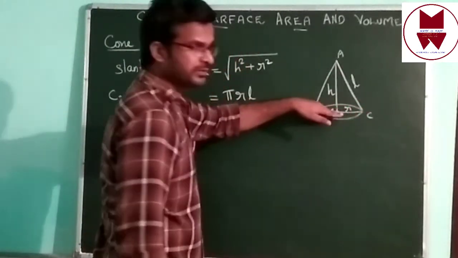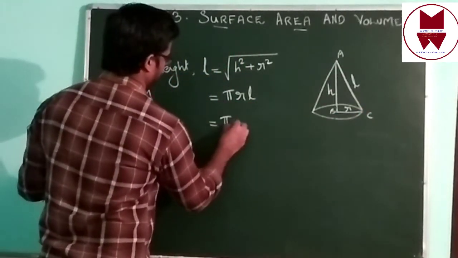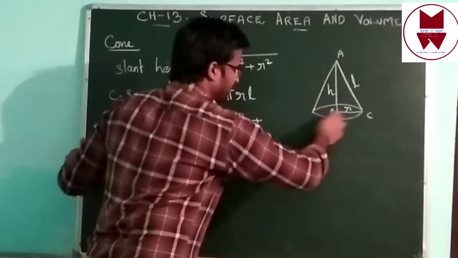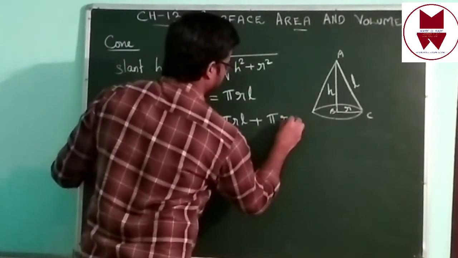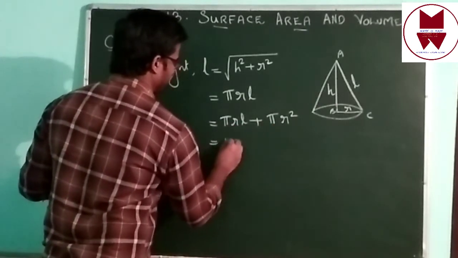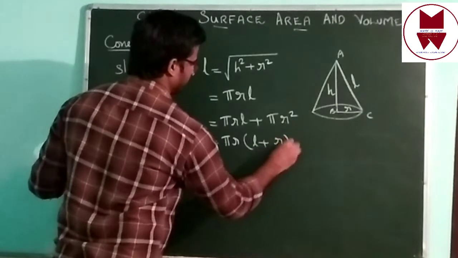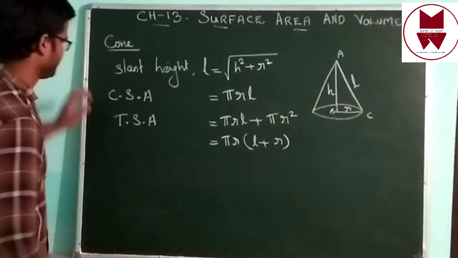Curved surface area plus one base area, that means one circle. Pi r l is the curved surface. Then what is the base? Which shape? That is a circle, isn't it? Area of circle is pi r square. Take common pi r outside. Then remaining l plus r. This is the total surface area of the cone.